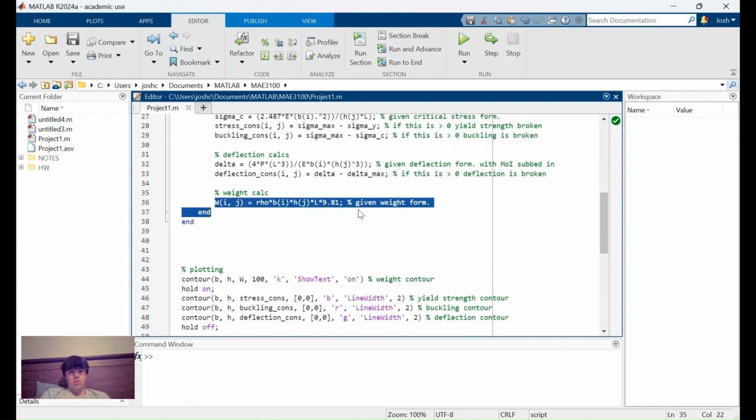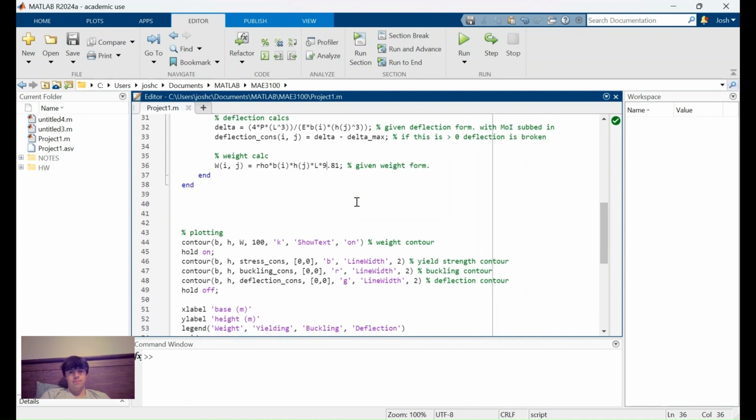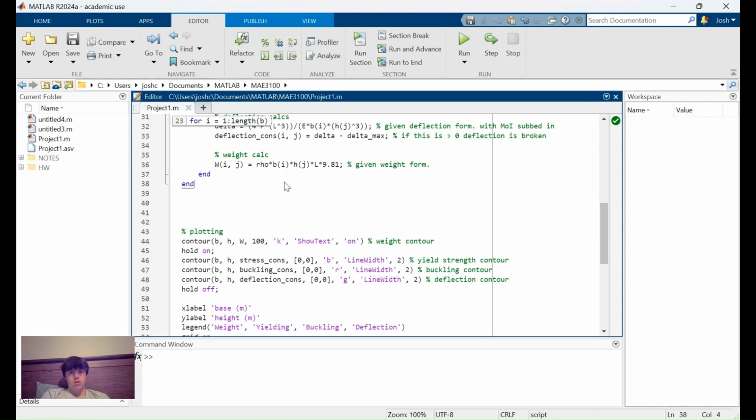Next is our weight calc, which is density times volume times gravity, which is just here. Base times height times length, and you have your different base and height values associated with your i and your j.